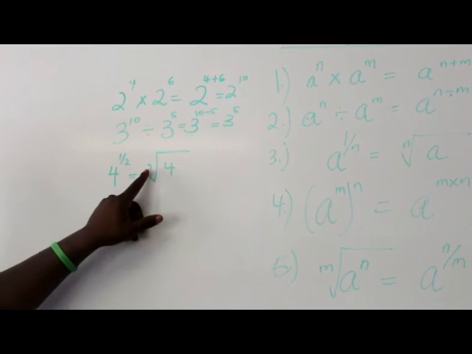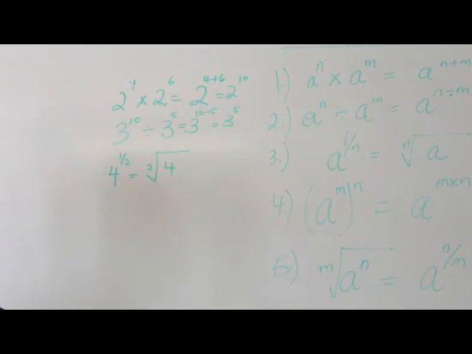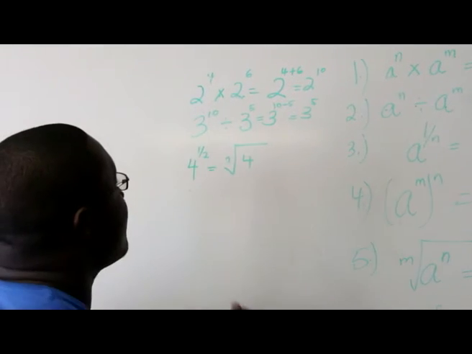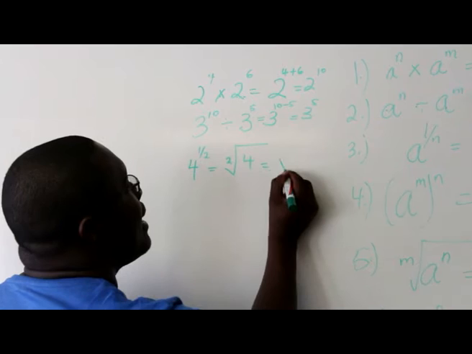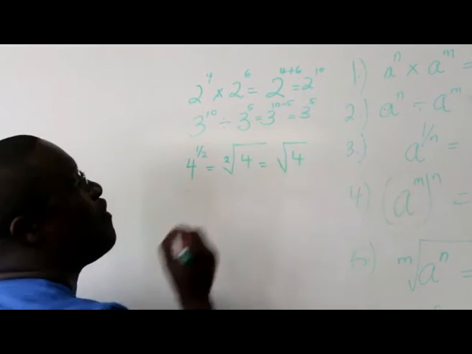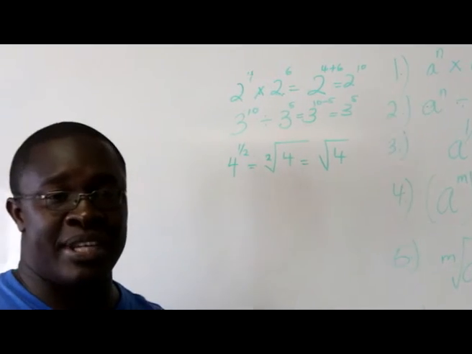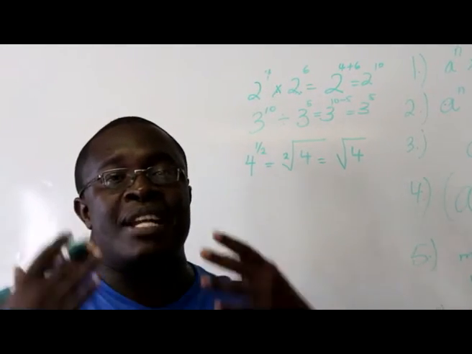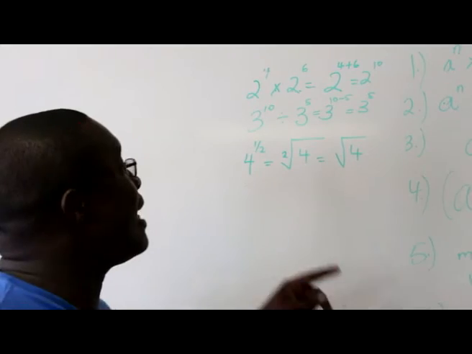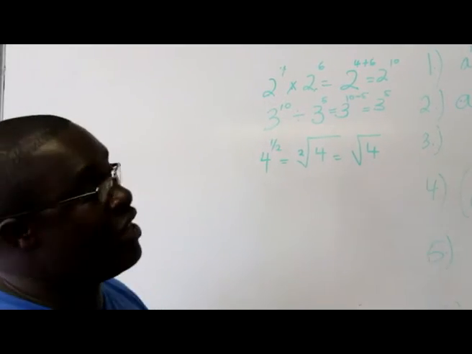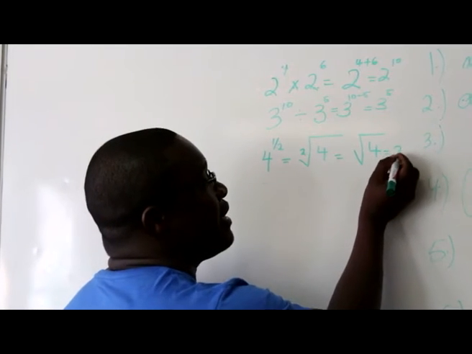But we all know that the 2 represents the square root, and when we're talking about square root, we don't write the 2. So we simply write it as the square root of 4. We're asking, what number multiplies itself 2 times in order to get 4? If you calculate that, you get 2.